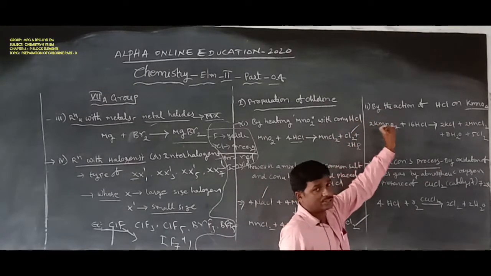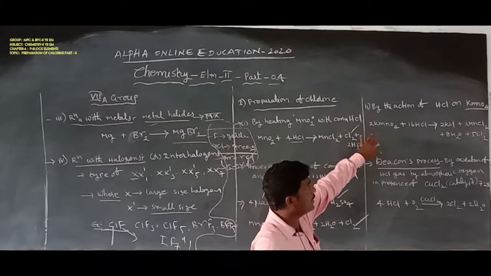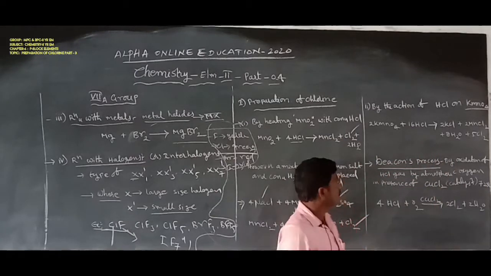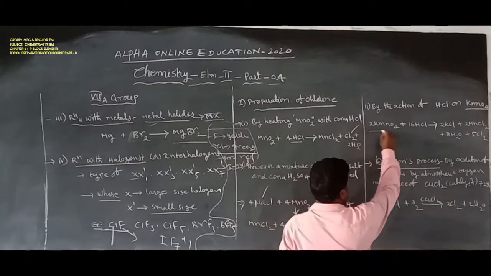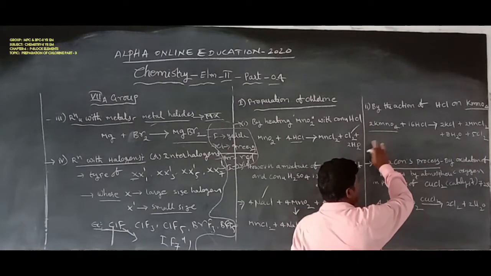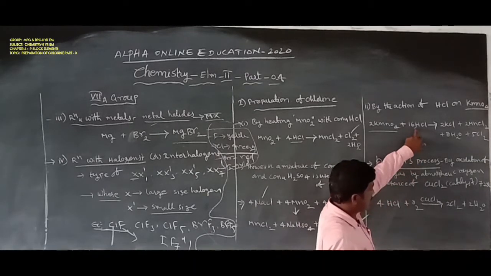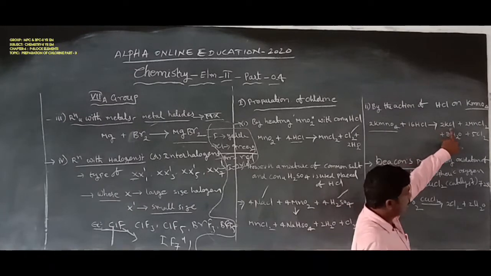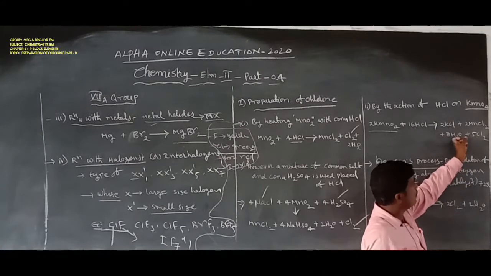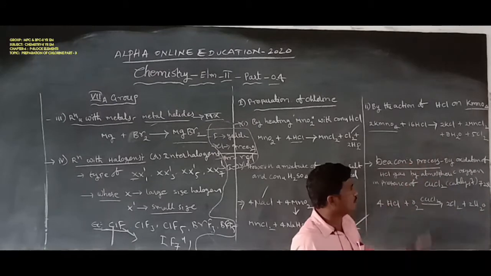The KMnO4, potassium permanganate, is heated with hydrochloric acid. 2 moles of KMnO4 heated with 16 moles of hydrochloric acid form 2 moles of potassium chloride, 2 moles of manganese chloride, 8 moles of H2O, and 5 moles of chlorine. That is the preparation of chlorine.